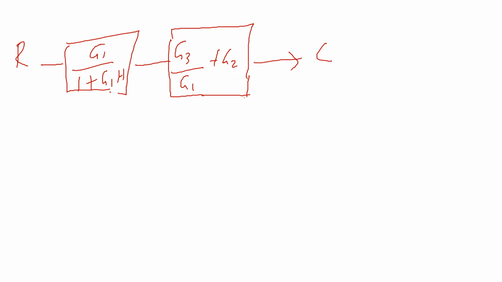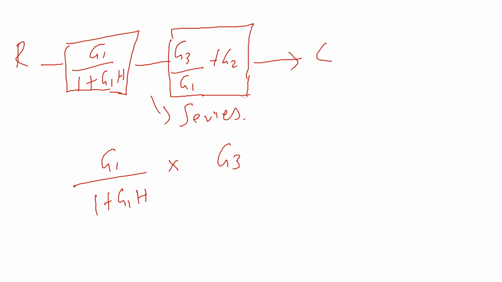So again, it is a series connection, right? So we have to reduce this. So the next step, I am going to reduce the series connection. We know the series connection formula. So this is G1 divided by 1 plus G1H into G3 by G1 plus G2.